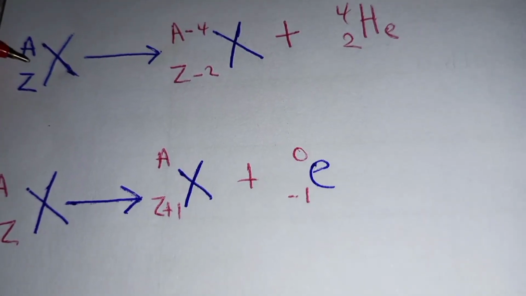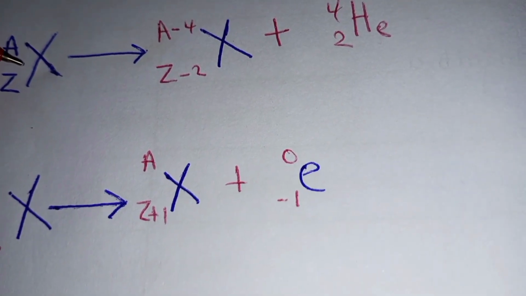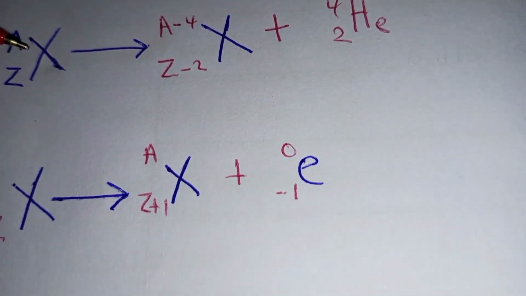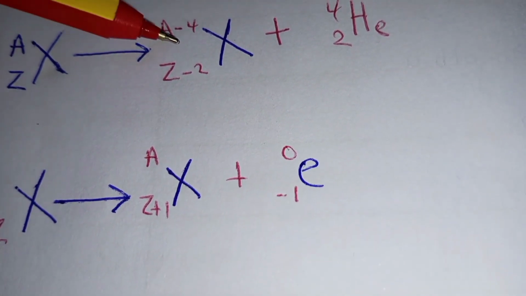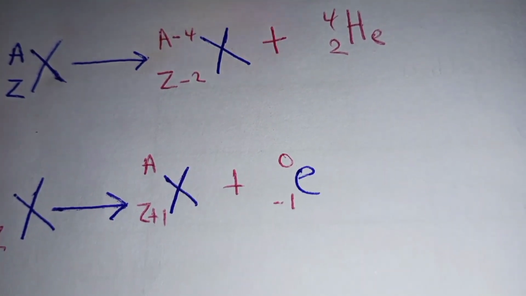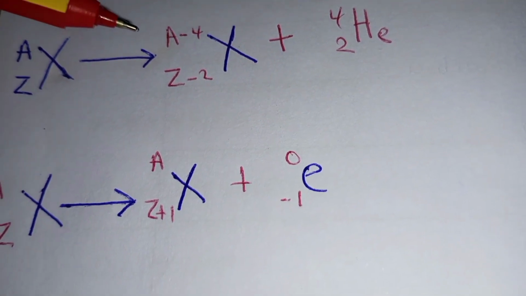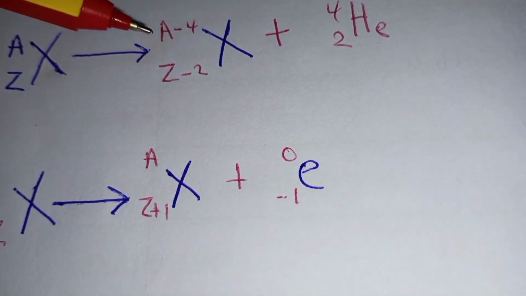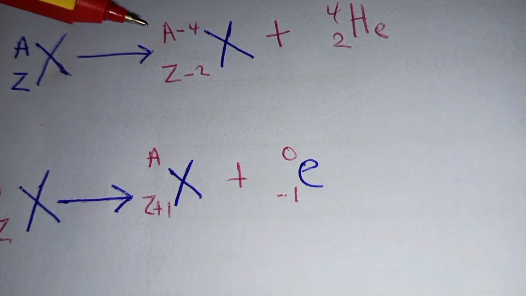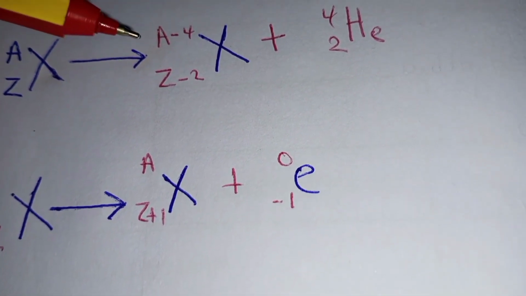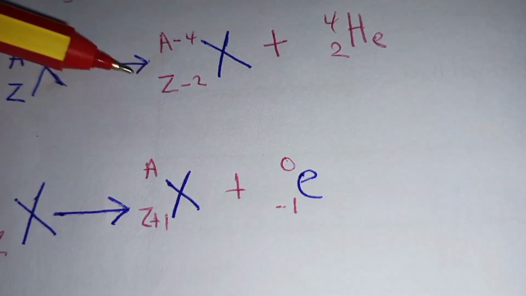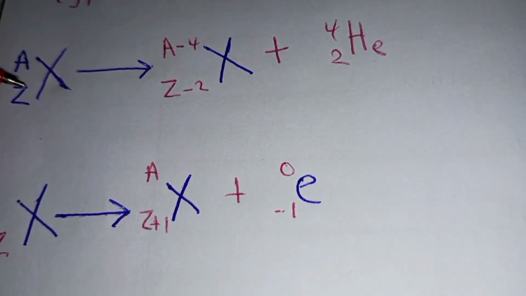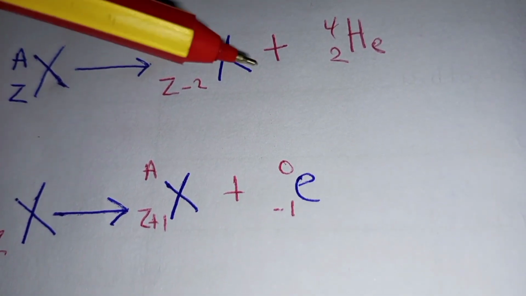So this is called the parent nuclei. The parent nuclei will decay by release of alpha particle, and when it decays by release of alpha particle, the mass number will decrease by 4. At the same time, the atomic number decreases by 2, and this is the nuclear equation shown here.